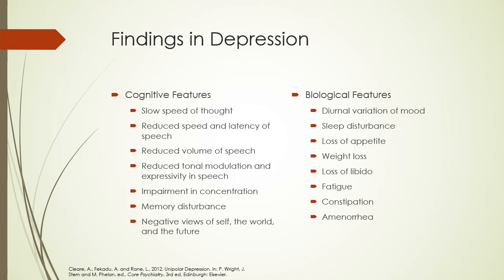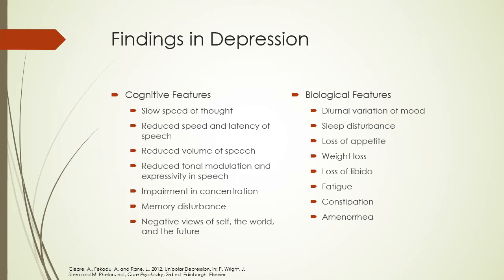Another group of findings would be cognitive features. What happens in the thought processes of these patients? There is slowing of the speed of thought. There is reduced speed and latency of speech, which means that the volume of words that they produce is decreased. The amount of words that they say is less compared to a normal person.